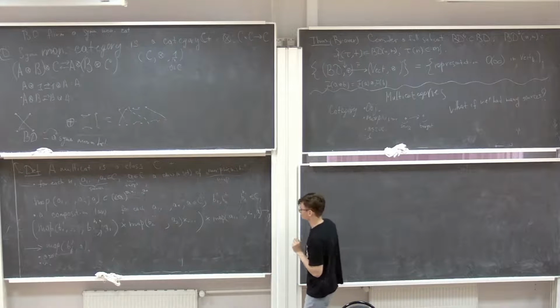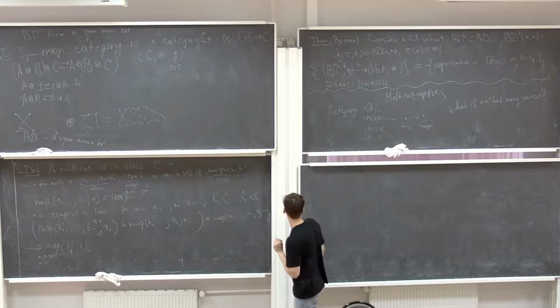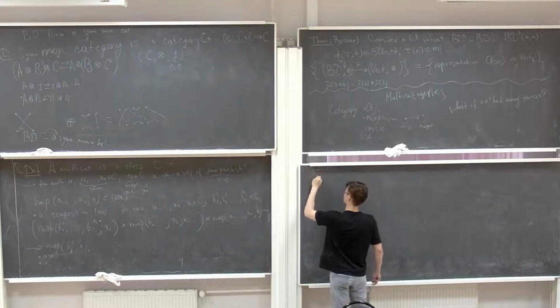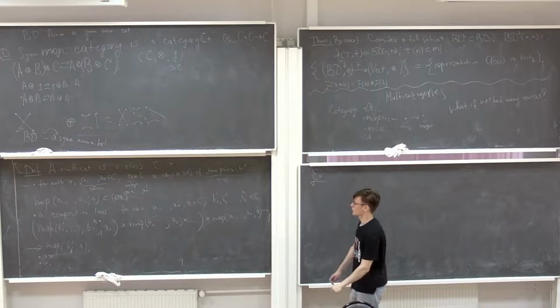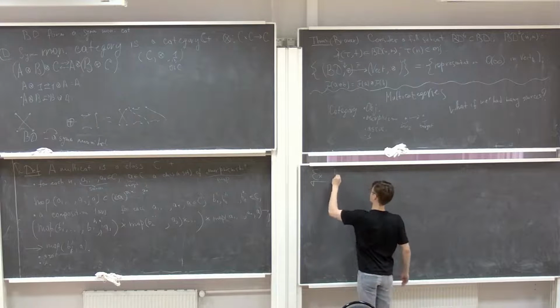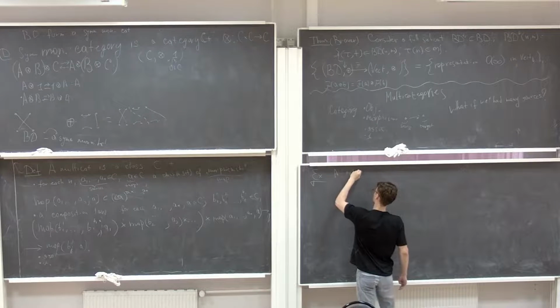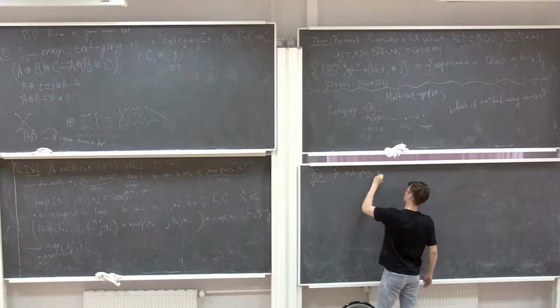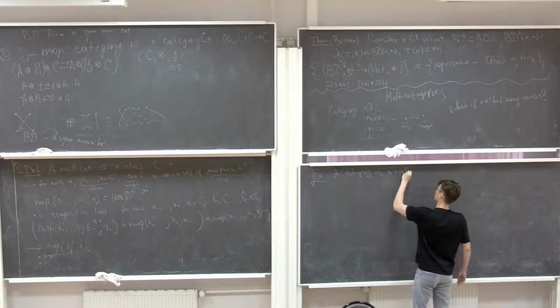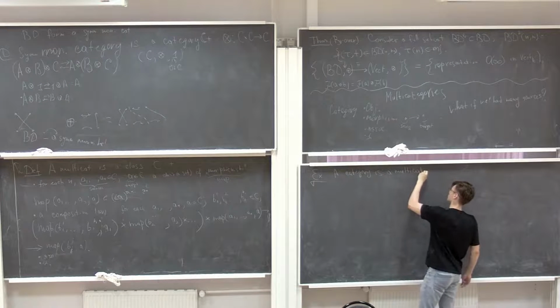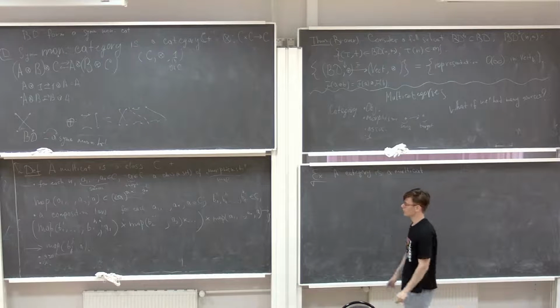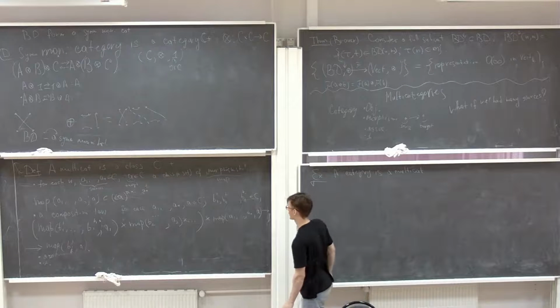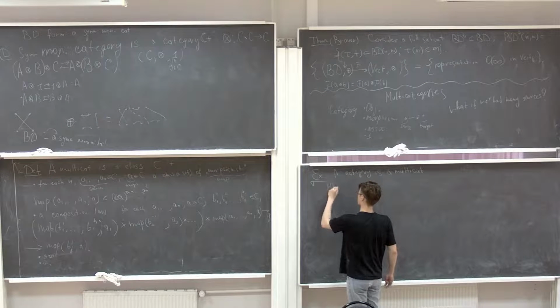So, some examples. A category is a multi-category. Why?